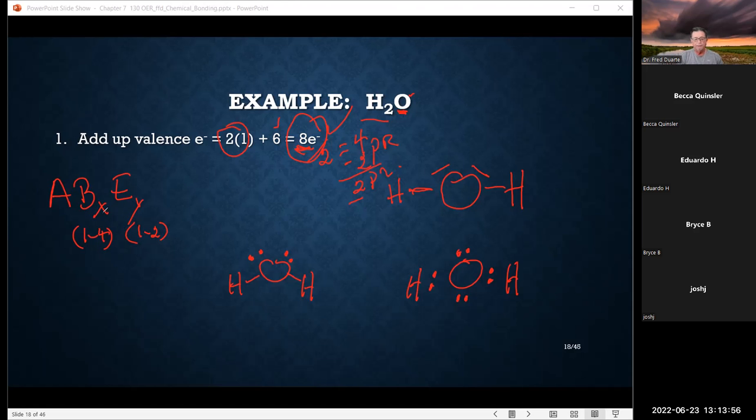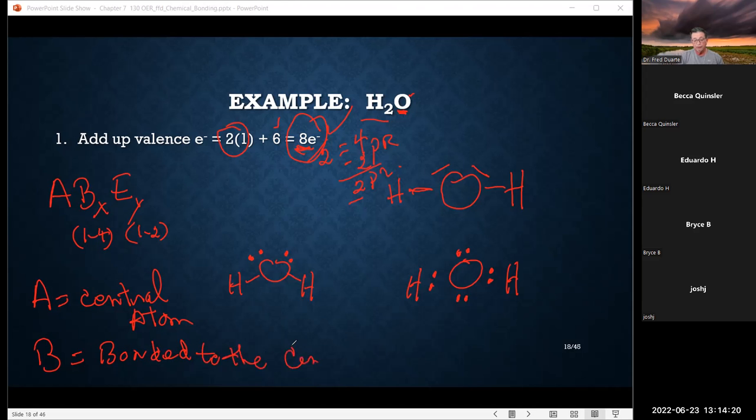So what A represents is the central atom. We're always going to have an A, and it could be anything. That's why the general formula is AB X E Y. B represents what atoms are bonded to the central atom, keyword central atom.